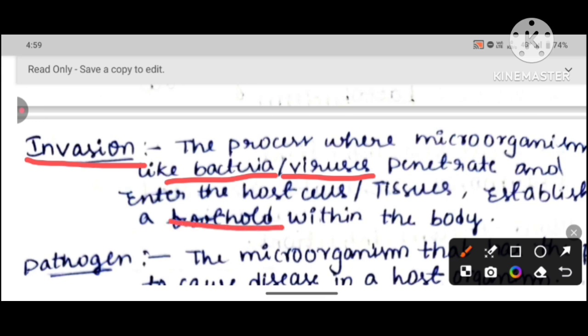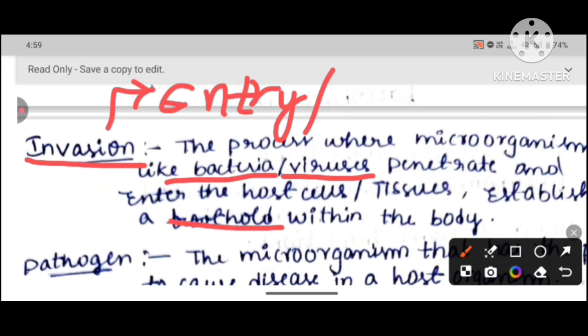So invasion is the entry of the microorganism into the body, or the phenomenon of a microorganism occupying a specific site in the body and establishing itself firmly in that particular site. This is known as invasion, and the microorganism might be a bacteria or virus.